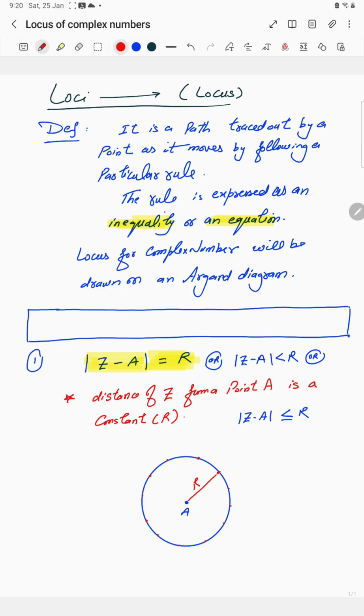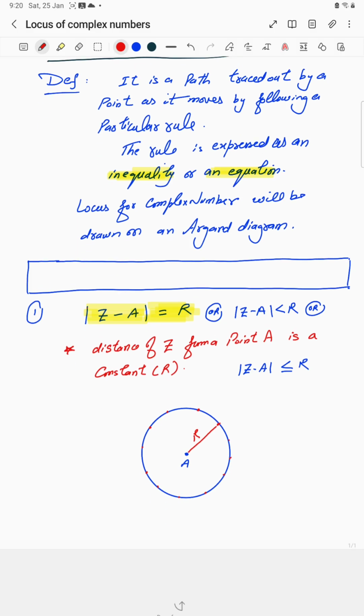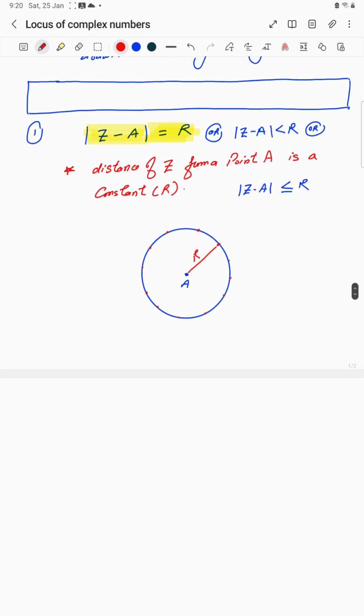So whenever you see the modulus of z minus A equal to some constant, the locus will be a circle. And shading will be done accordingly. Just fix this thing, what kind of shape you can extract once you have this kind of locus.